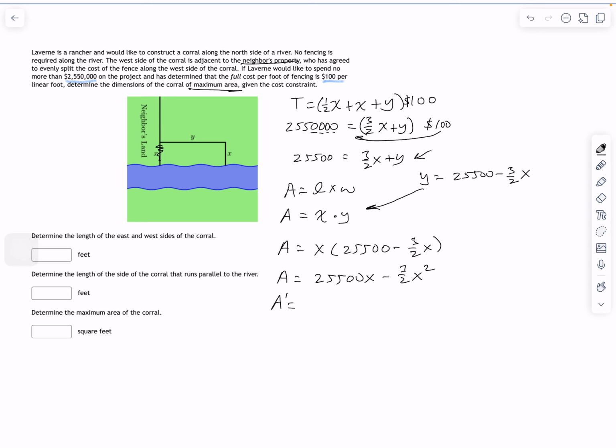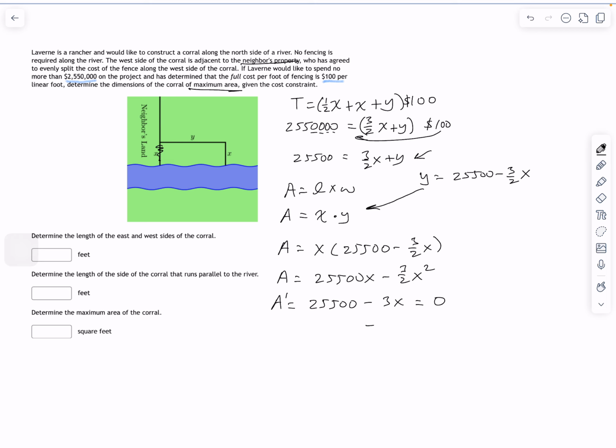The area prime is equal to 25,500 minus, the 2 comes down, which gets rid of the fraction, so we're left with 3x, and then 2 minus 1 is 1 for the exponent. Okay, we're going to set this equal to 0 to optimize it.